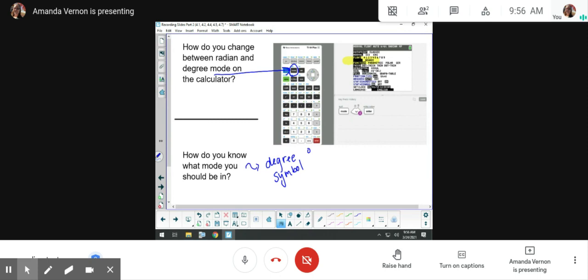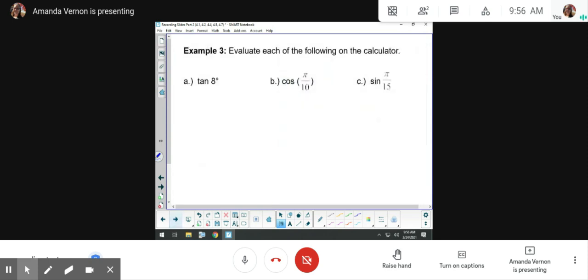If it's not labeled, we assume radians. Otherwise, radians is used. Oftentimes radians are going to be labeled or have a pi symbol in them, but that doesn't always have to be the case. So just be careful.